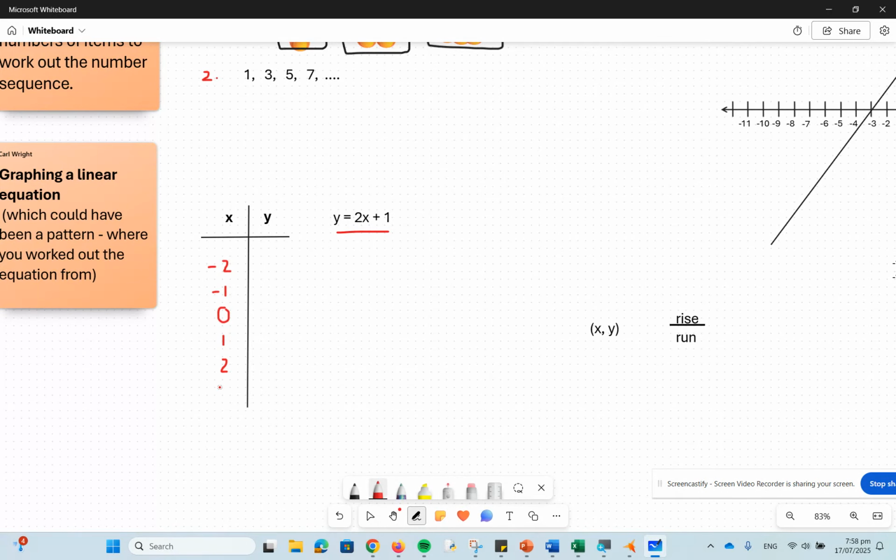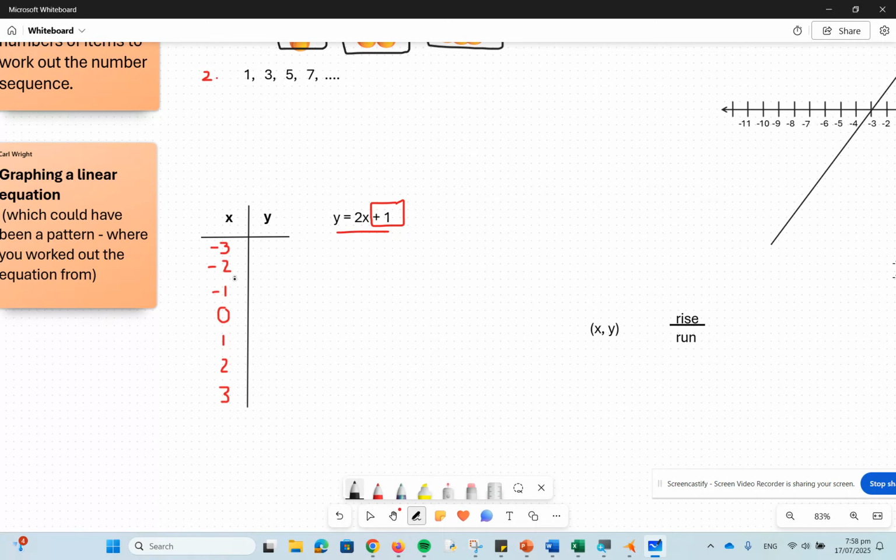It's important you have 0 there. But you can make this as long as you can. Sometimes you have to go to -10 or something to be able to graph it, based on what the number is. If this is like -20 on the end or something, then you've got to adjust these numbers so you can graph it. But I'm using a really simple equation.